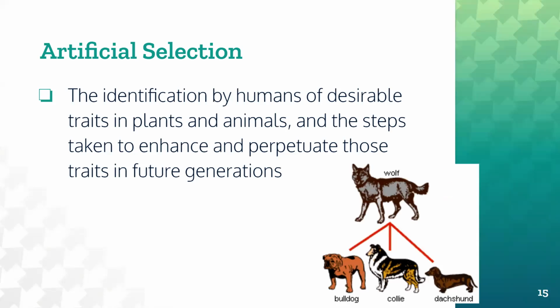Everywhere you look, there are dozens of different breeds of dogs. There are retrievers, Dalmatians, German Shepherds, Chihuahuas, Pugs, Pit Bulls, and countless more. All of these different breeds came from the domestication of the wolf and the breeding of wolves with the same desired characteristics.